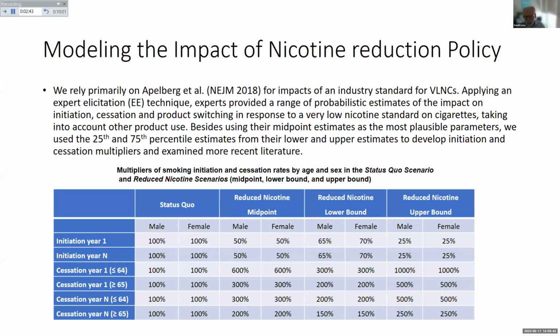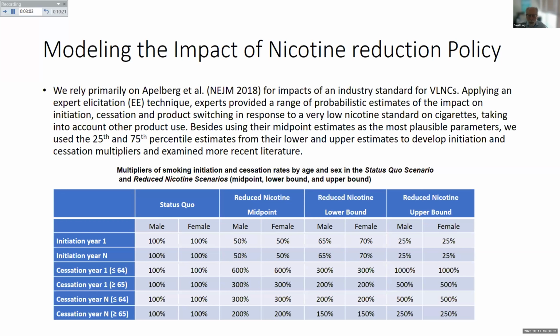But I don't think that in itself is an important assumption. In the case of initiation, you see that there isn't too much difference. In other words, the impacts occur directly on initiation, so they carry through time.